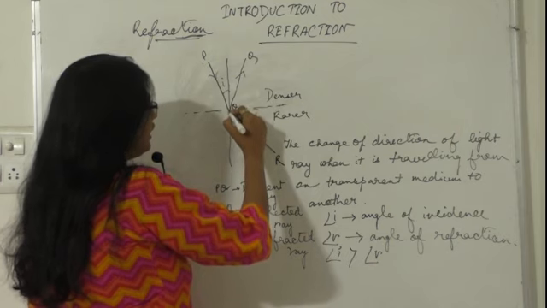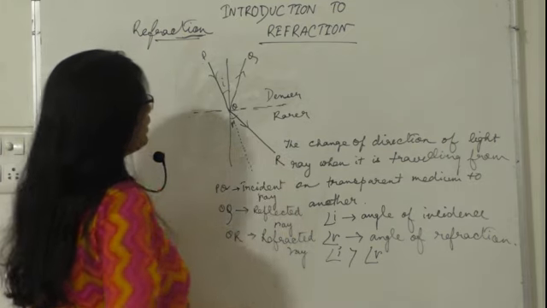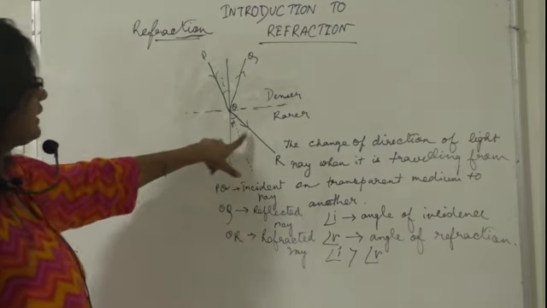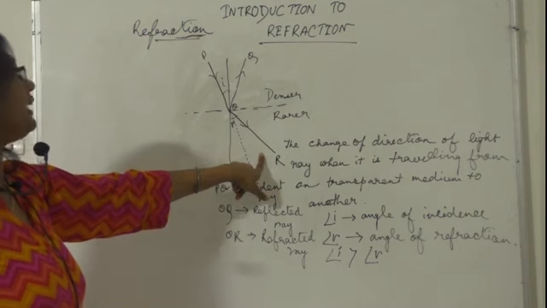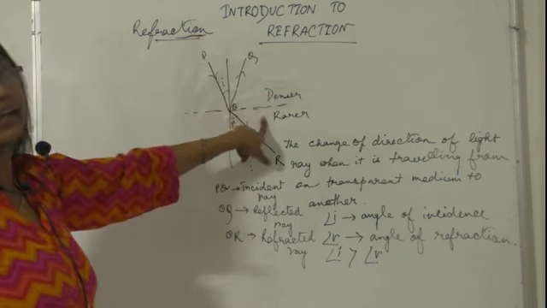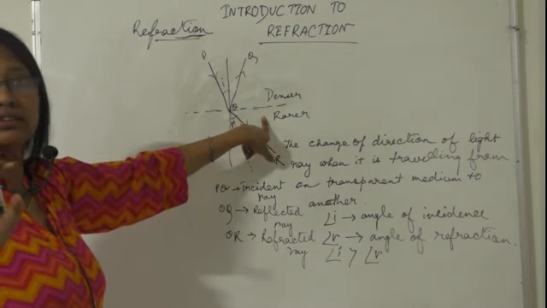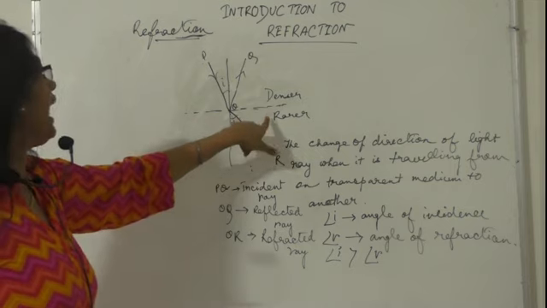Now if the normal path is like this, but due to refraction it is changing its path, and as it is going from denser to rarer, it is moving away from normal. Okay, it is moving away from normal.